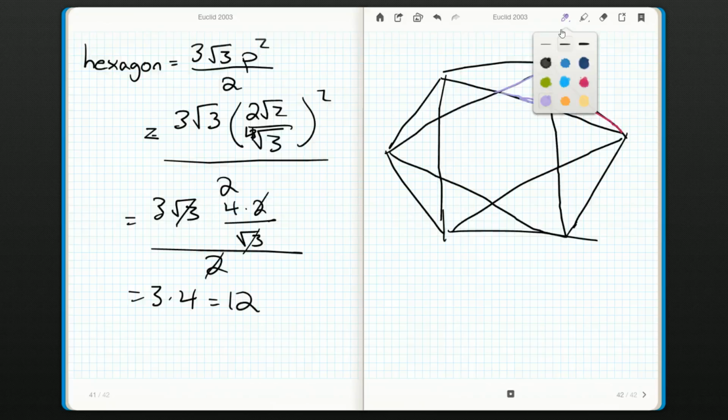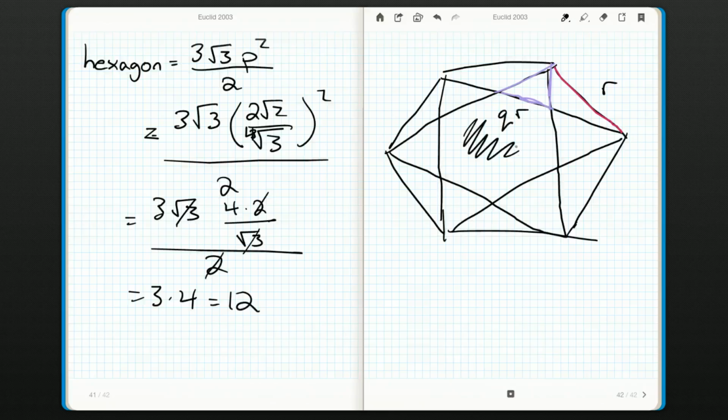Okay. If I can find a ratio, let's call this side length r again. If I were able to find that this length, the purple length, is something like q times r, knowing that the shaded region is a regular hexagon, these two figures are similar.